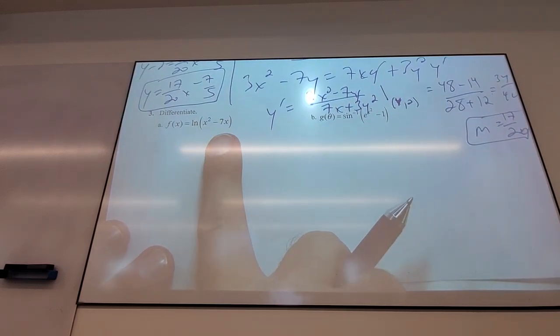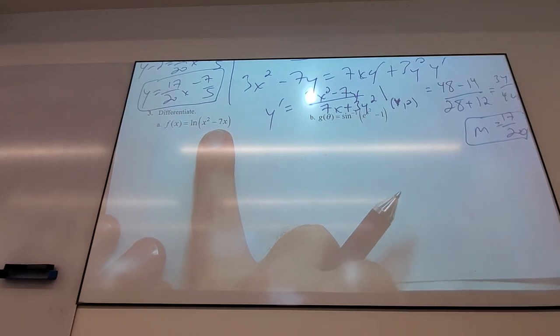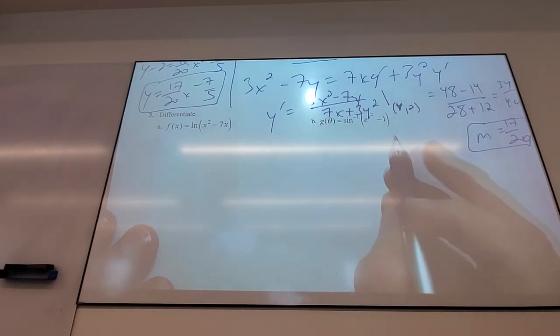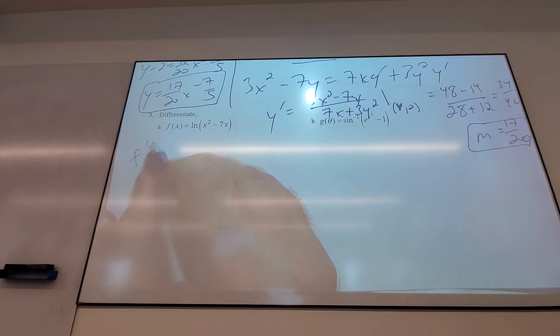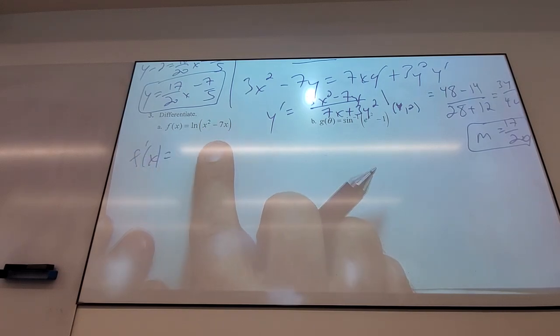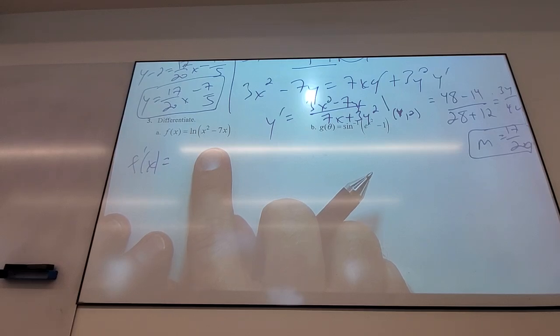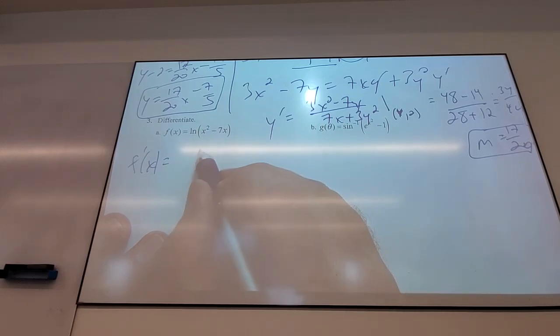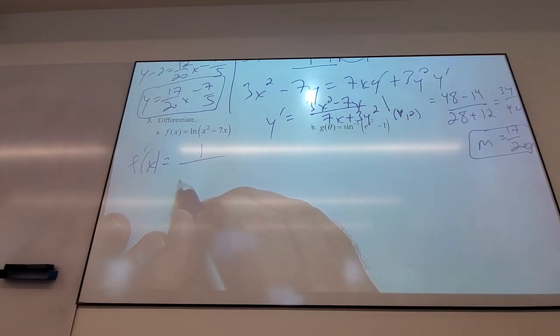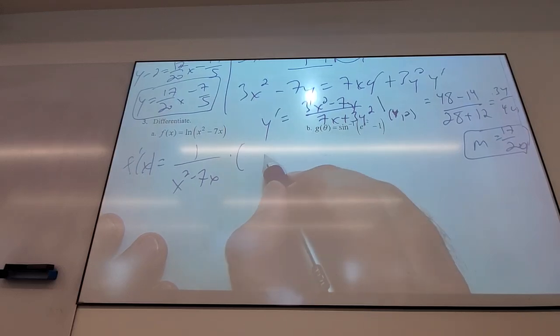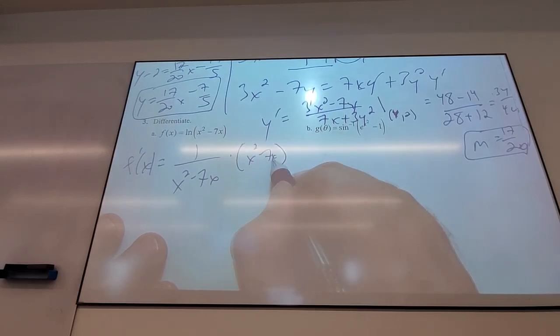Now, let me ask you, what's this guy's derivative here? This isn't that bad, right? Natural log, how do you guys feel about natural log? His rule is relatively beautiful, right? Because what does it always do? 1 over x. Yeah, 1 over x squared minus 7x times 2x minus 7.